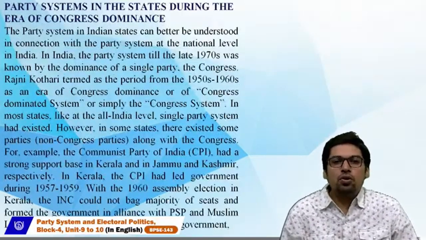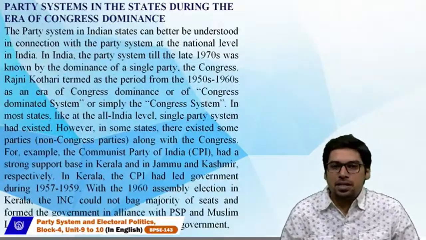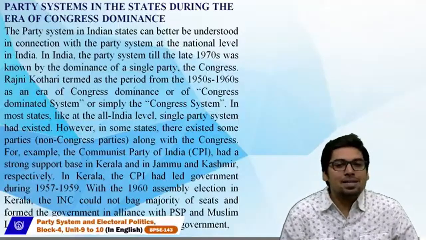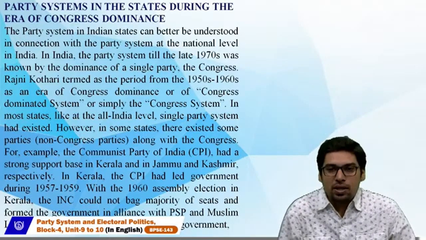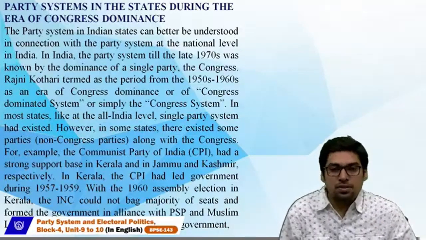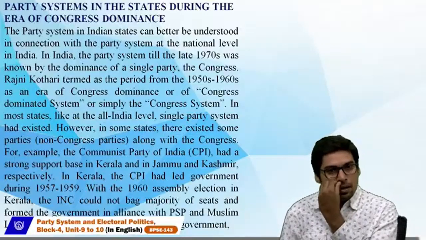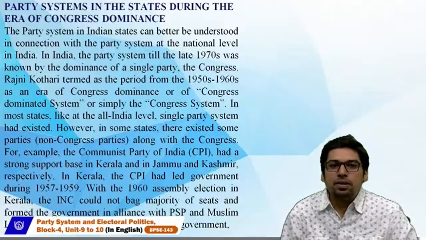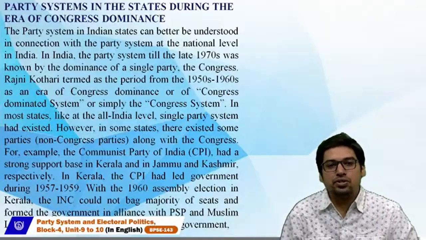Now, moving on to the party system in the states during the era of Congress dominance. Basically, as Rajni Kothari said, it was a Congress dominant system, the Congress party system. The party system in Indian states can be better understood in connection with the party system at the national level.